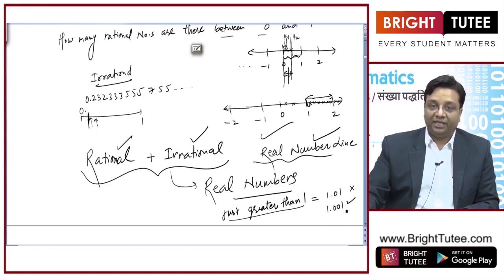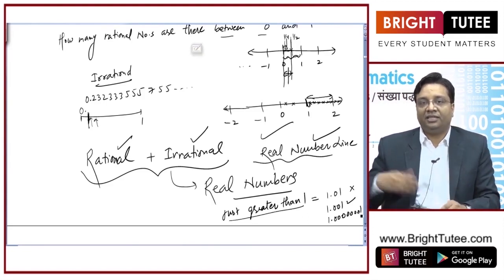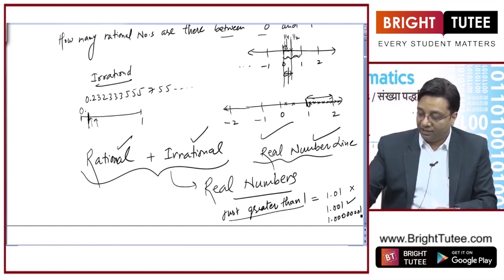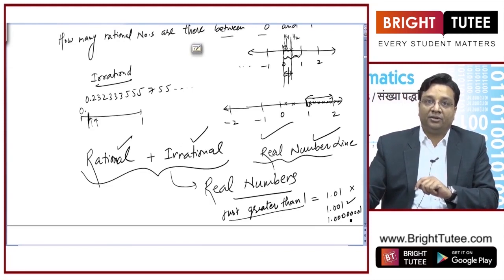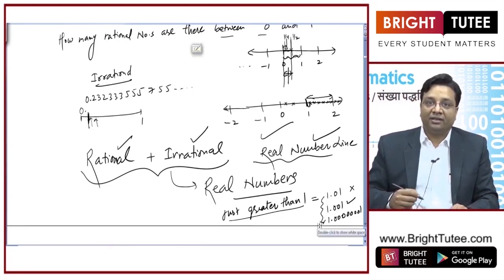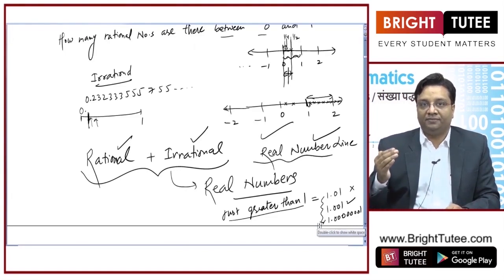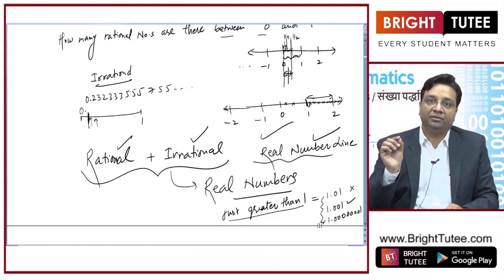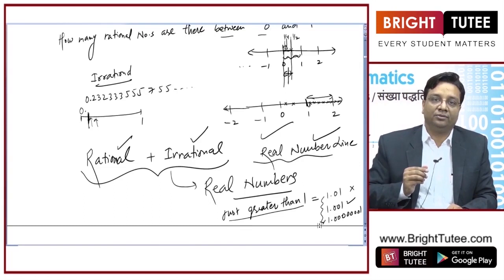Some other student might say this, some other can say 0.0000001, but that is also not correct, because I will put another 0, then that number is closer to 1. Okay, so do you see the pattern here? You can go on putting these zeros, but you will still not reach the just greater number, because we have got infinite numbers in that gap also.